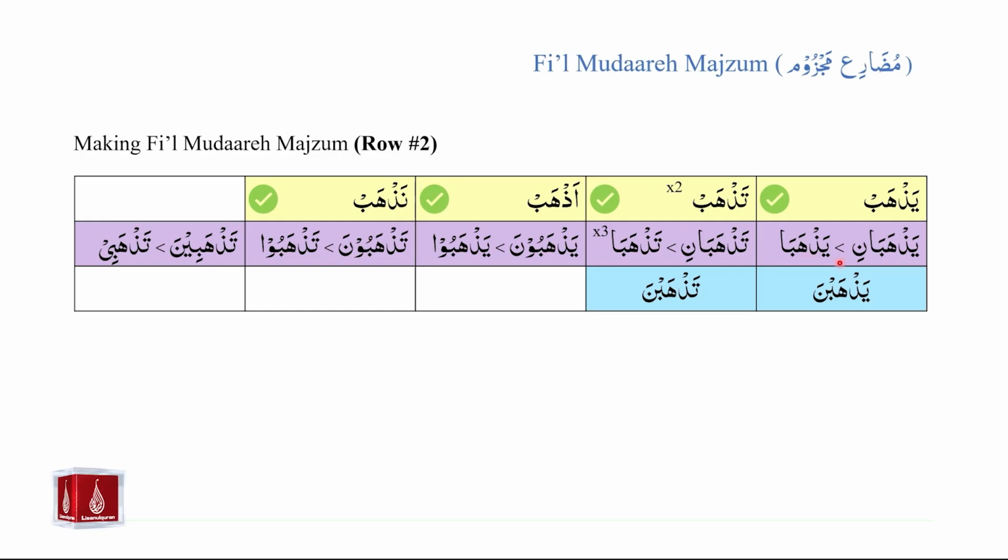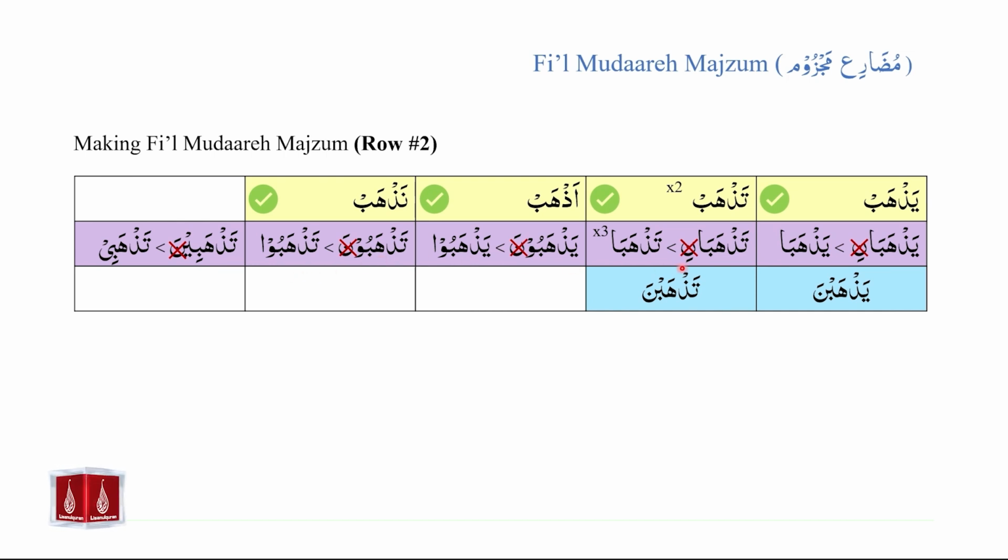Now we will move to row number 2. Row number 2 has the ani, una, and ina ending sounds in the marfu form. So fi'il mudare marfu included yazhabani, tazhabani, yazhabuna, tazhabuna, and tazhabina. In order to convert row number 2 from mudare marfu to mudare majzoom, we will need to remove the noon at the end of yazhabani, tazhabani, yazhabuna, tazhabuna, and tazhabina.